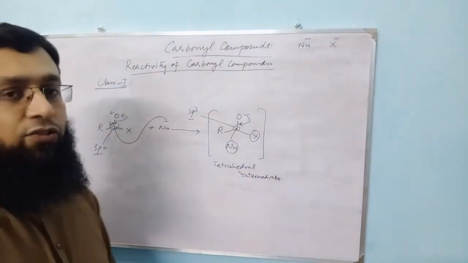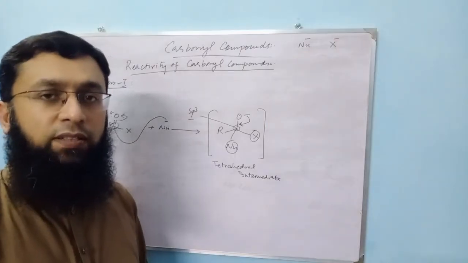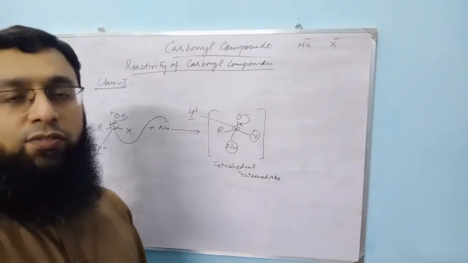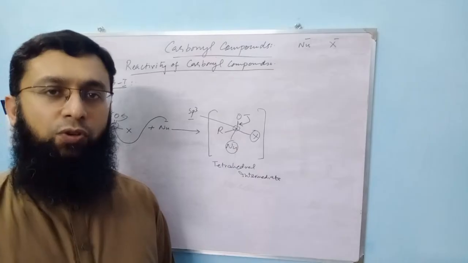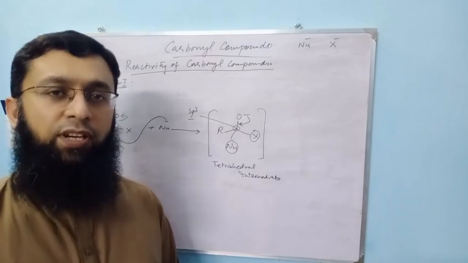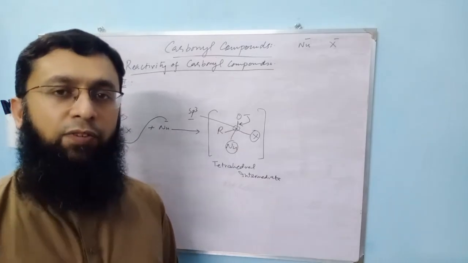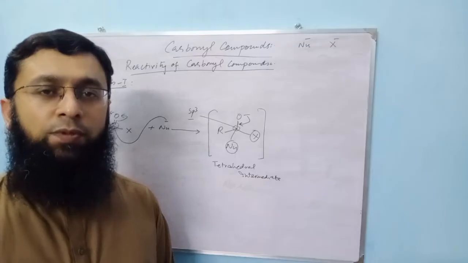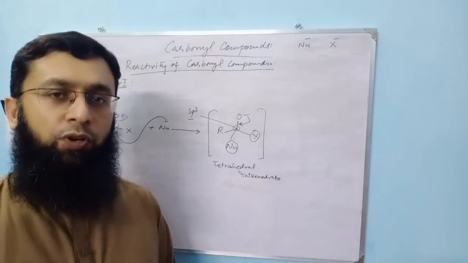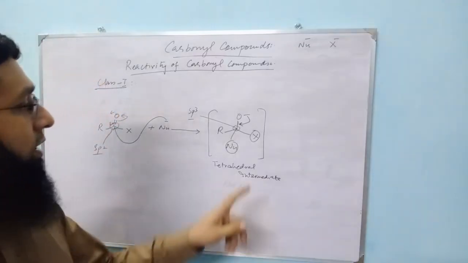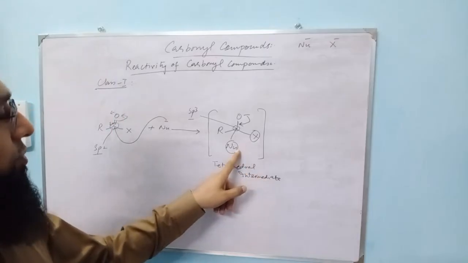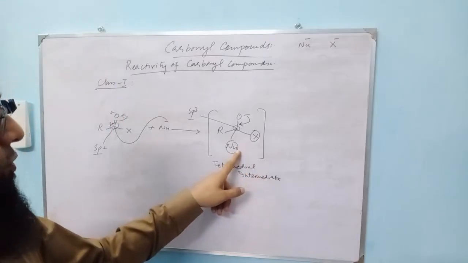Now we know that strong bases are strong nucleophiles. Also we know that strong bases share their electrons strongly and weak bases share their electrons poorly, and weak bases are good leaving groups and strong bases are poor leaving groups. So as a result, among these two, the strong base would stay and the weak base would be eliminated.